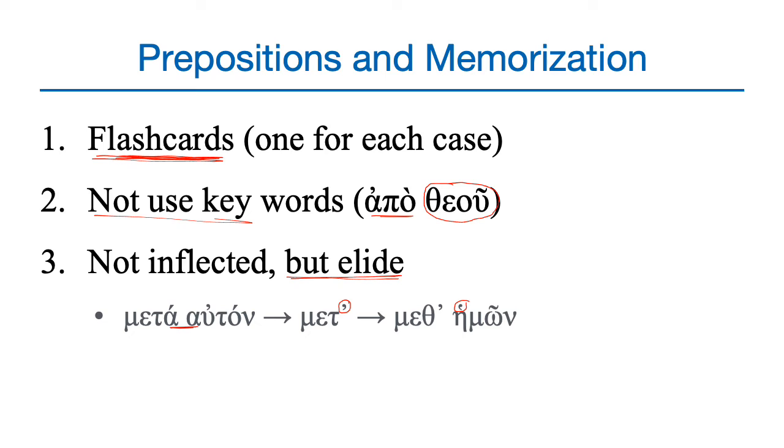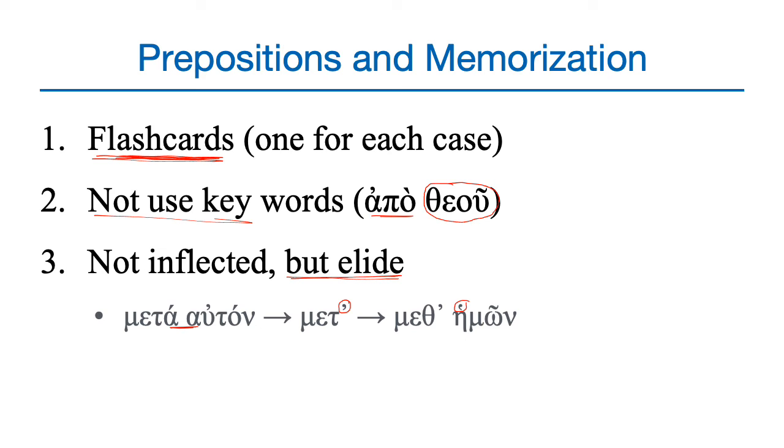You have here meta auton, after him. Notice that meta ends with an alpha, auton begins with an alpha, which means the alpha of the preposition drops, as we talked about some time ago, and now you have met.